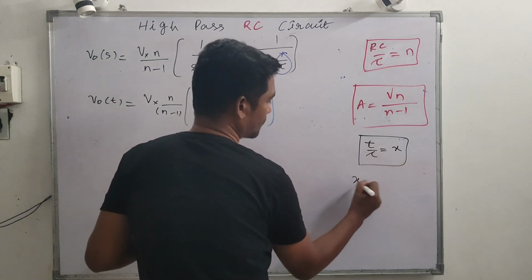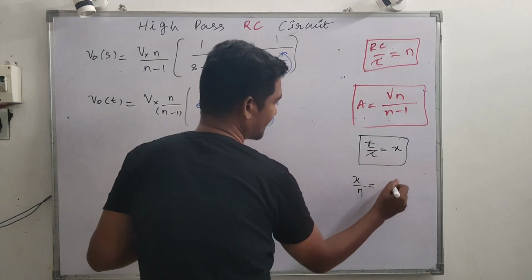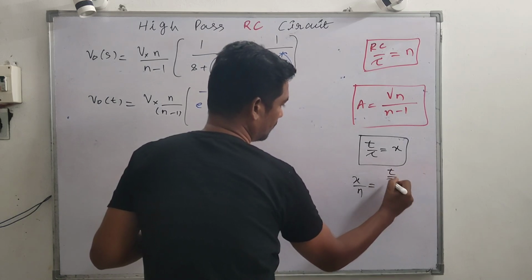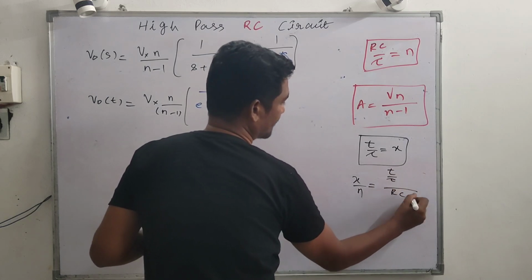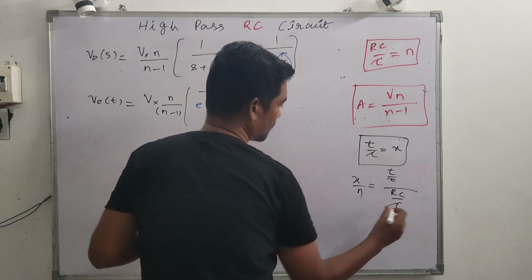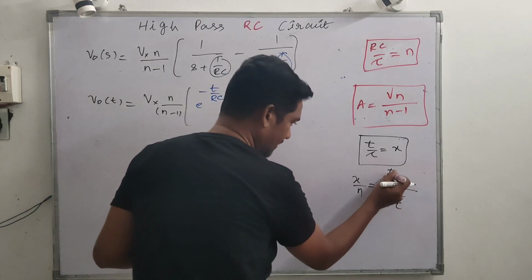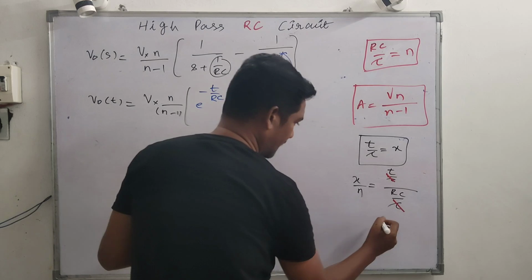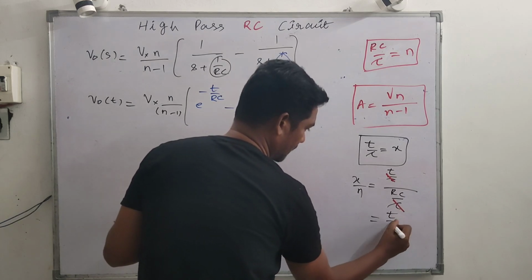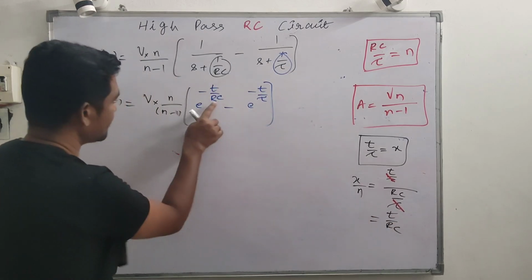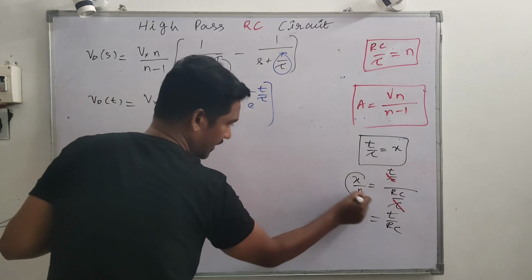So what will be x on n? x is t on tau upon rc upon tau, so tau gets cancelled, right? And we will have t upon rc. In the sense, t upon rc we can plug in here.